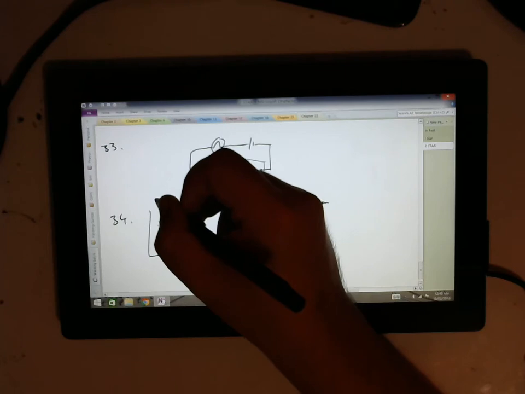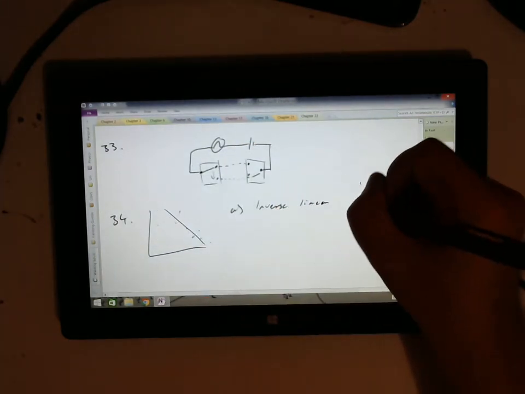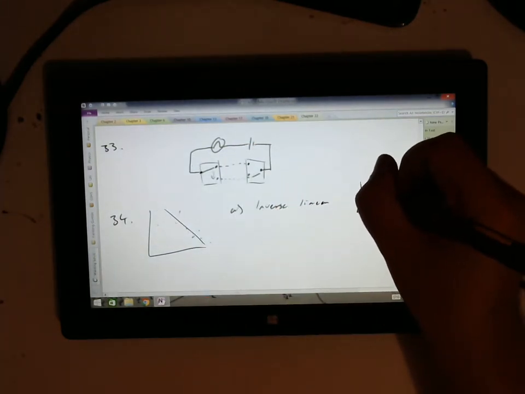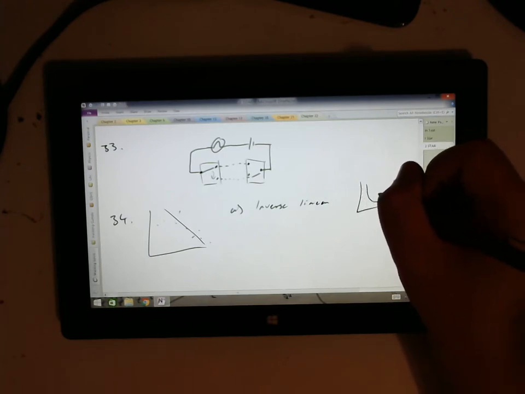If it crosses the x-axis, that's saying if I add zero energy to something, it will boil. We know that can't be true. So we should expect, realistically, something like this, because that should never hit zero.